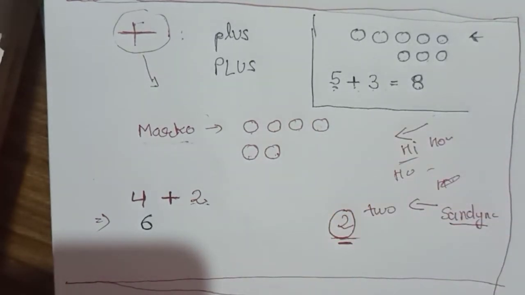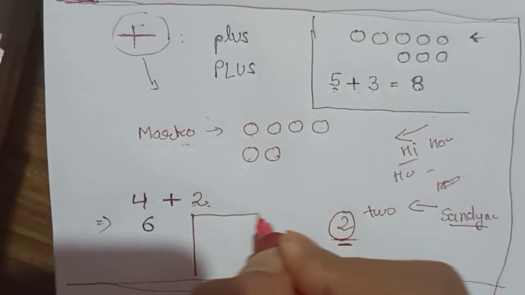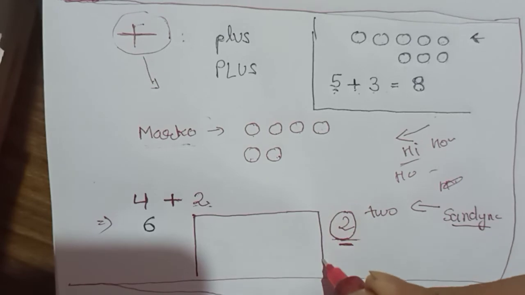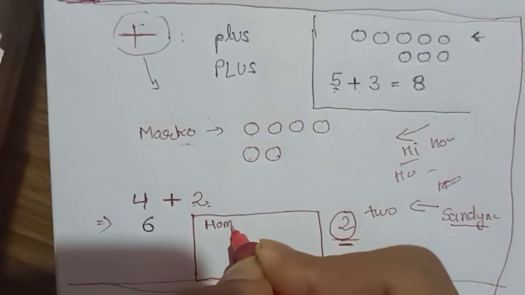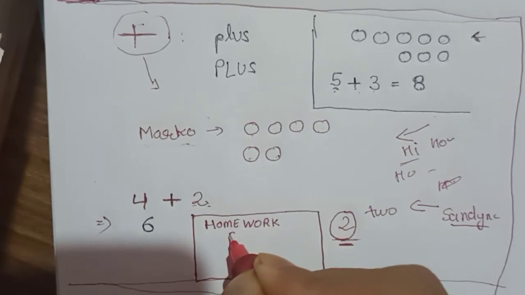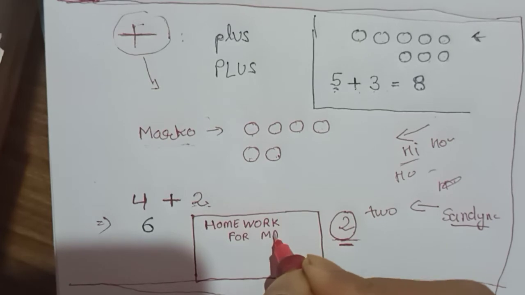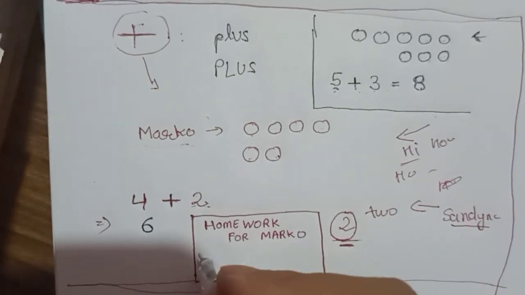So I am giving you one homework, Marco. I hope you understand this, and this is simple only, but don't use a calculator. Okay, this is your homework for Marco. I will give you two questions.